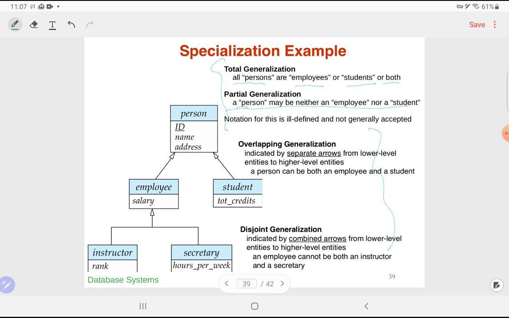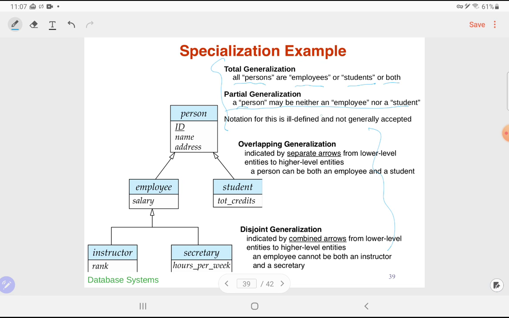There is no well-defined notation for this. There is no generally accepted notation for this. It is worth spelling out whether or not in any given specialization or generalization, the generalization is total or partial because it makes a difference.